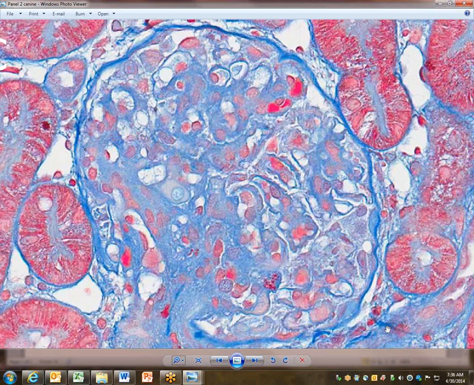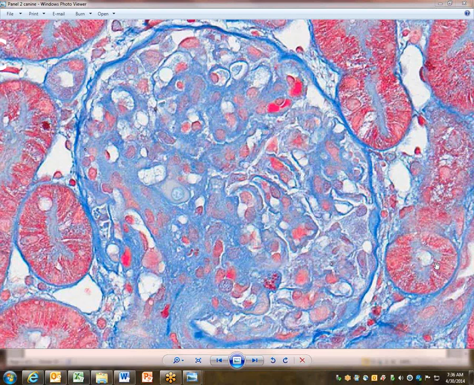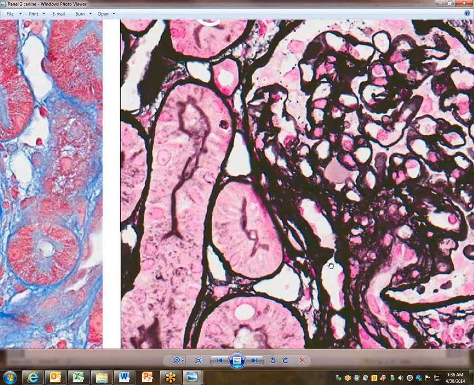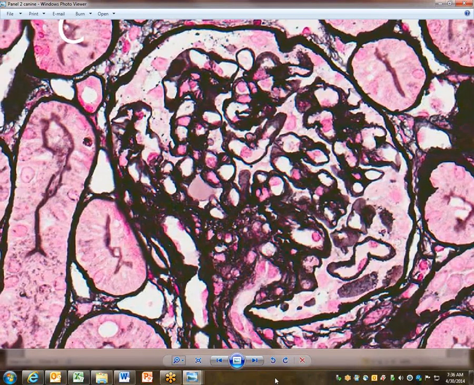Is there a question at the 9 o'clock position, and are you asking about the silver stain or the trichrome? I think we talked about it earlier: the silver stain is probably a really good way to assess for synechia.